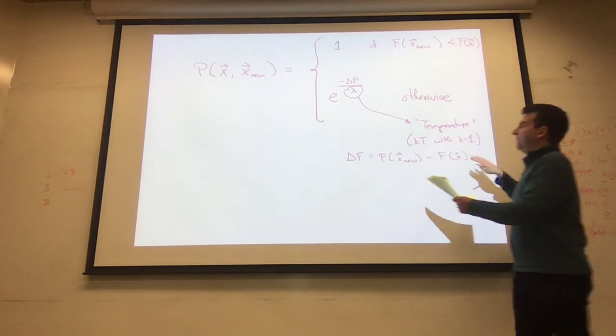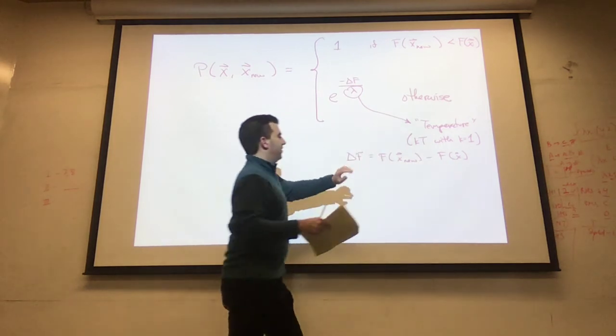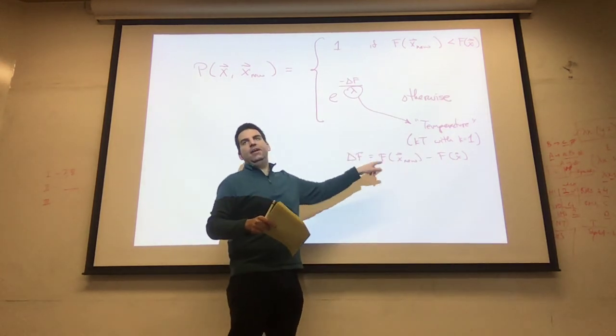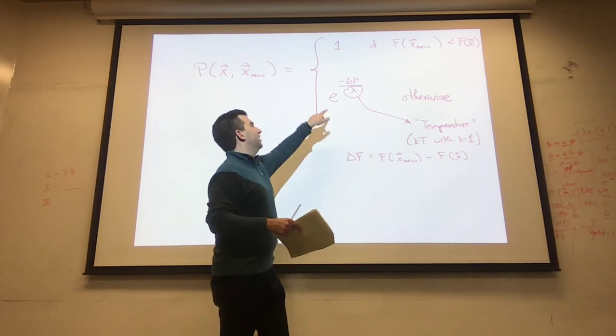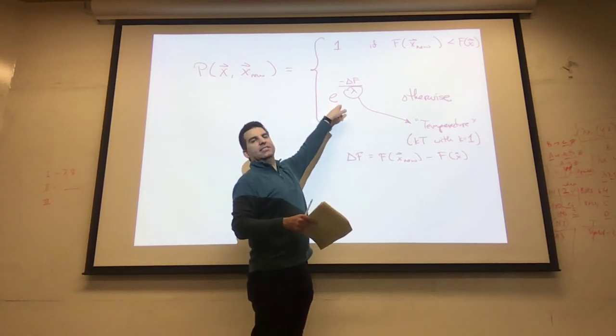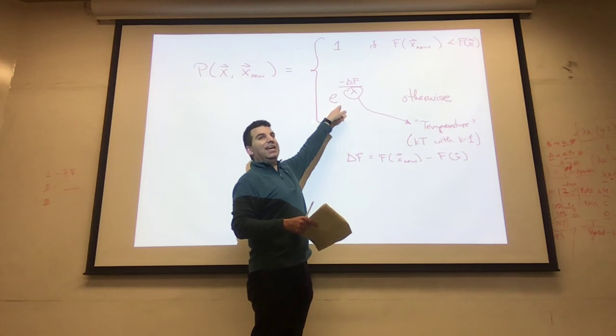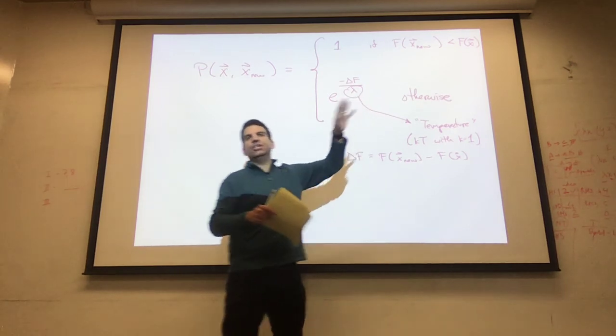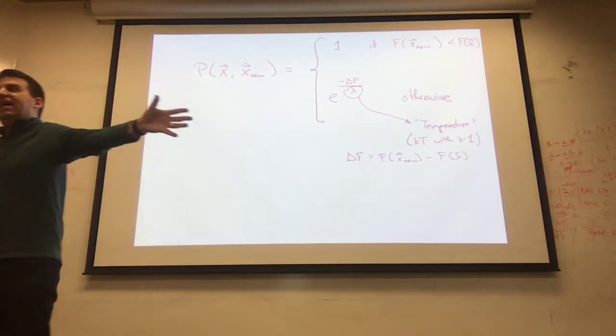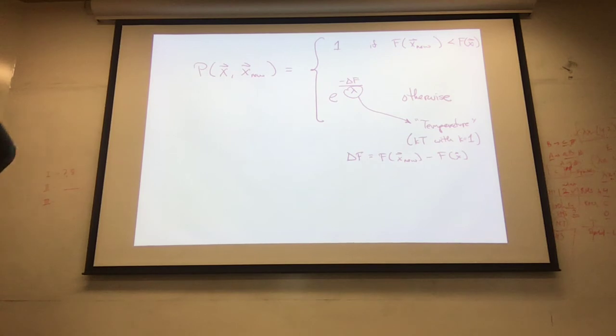If you have to go way, way uphill, then delta F will be very high, and this will be very low because of the negative, so it's unlikely that you're going to make that jump. But that's why we've got this division by lambda. Initially, if lambda is large, it permits huge excursions.